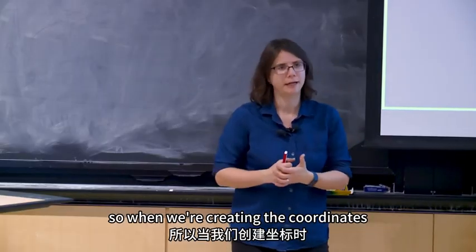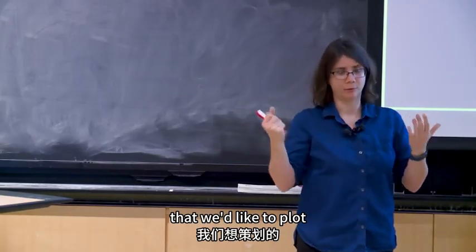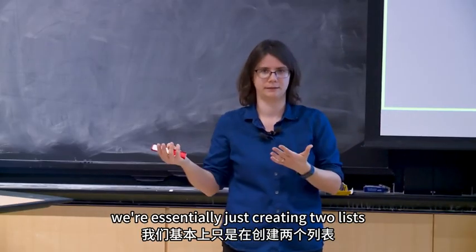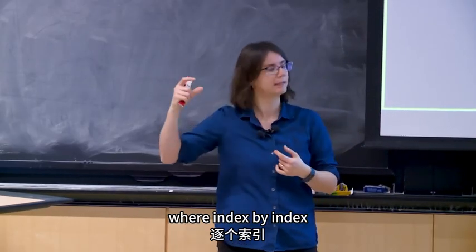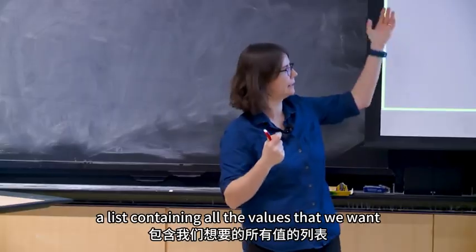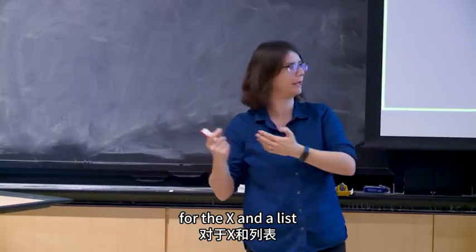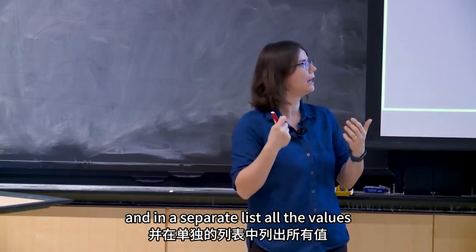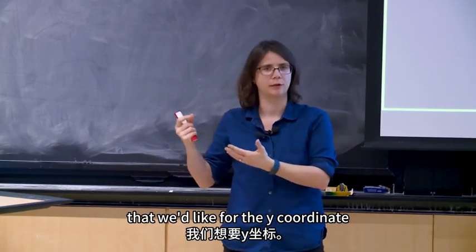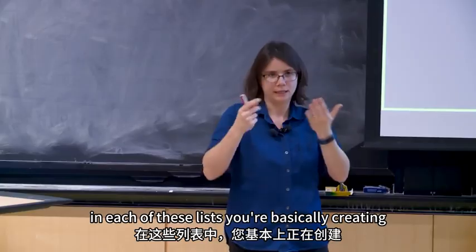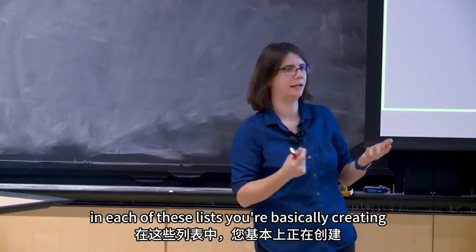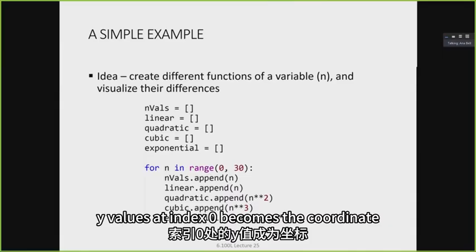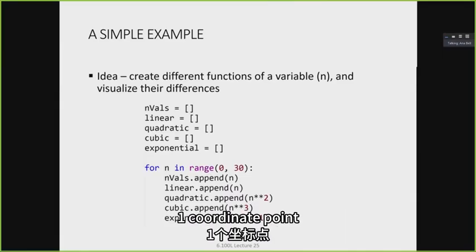When we're creating the coordinates we'd like to plot in a 2D plane, we're essentially creating 2 lists, where index by index, one list contains all the values for the x coordinate, and a separate list contains all the values for the y coordinate. So x values at index 0 and y values at index 0 become one coordinate point.